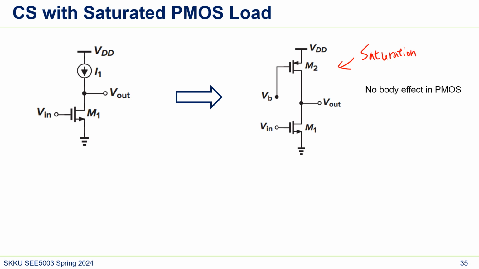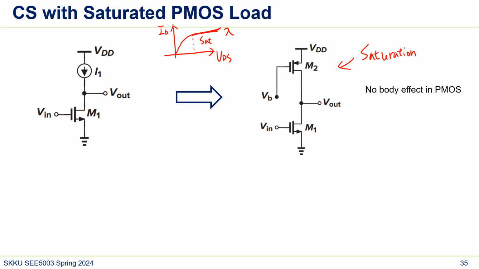Maybe I can repeat why a saturated MOSFET operates like a current source. When we see the IV curve, this is VDS and this is ID. An ideal MOSFET looks like this. Here is saturation. Actually, we do have some slope because of the channel length modulation lambda.